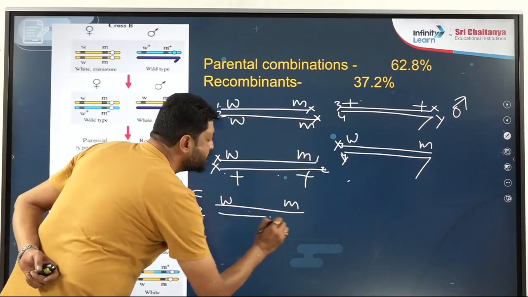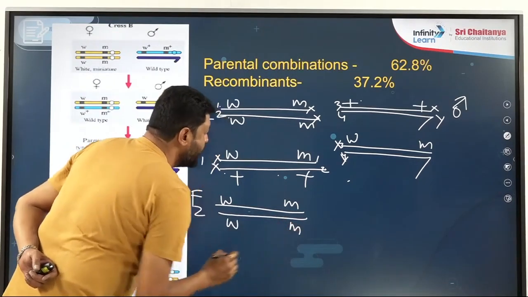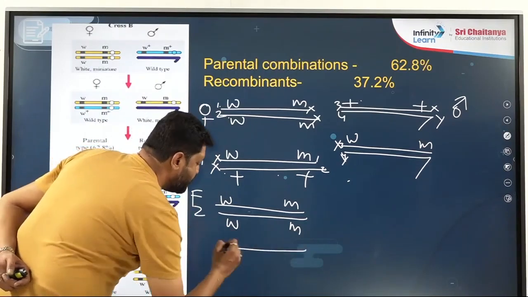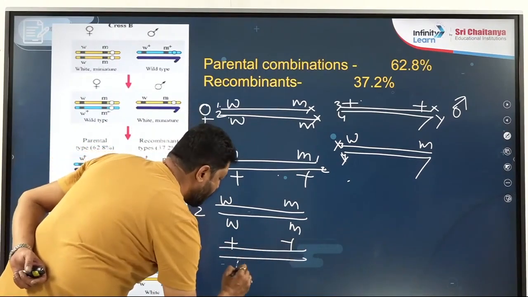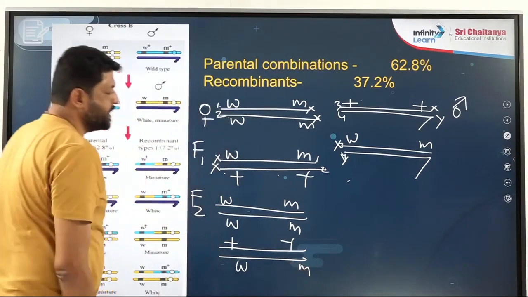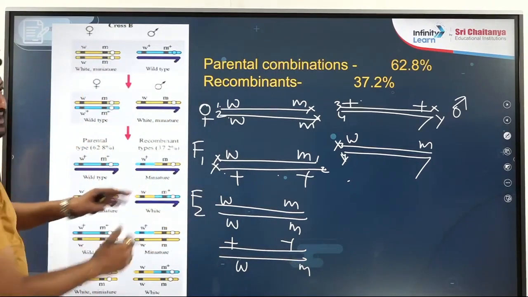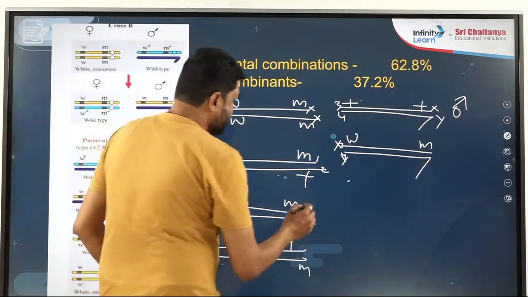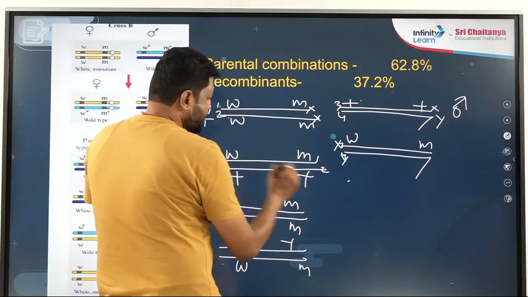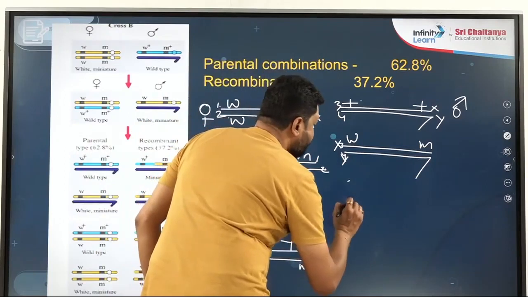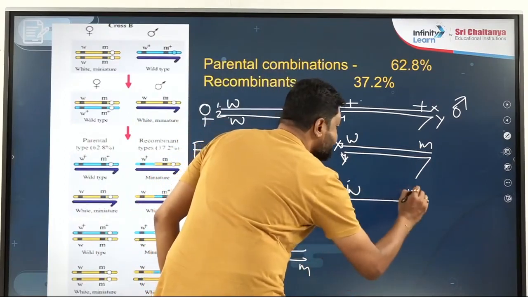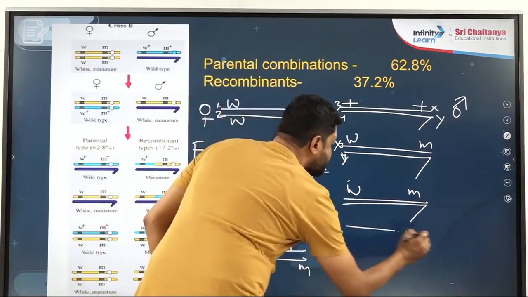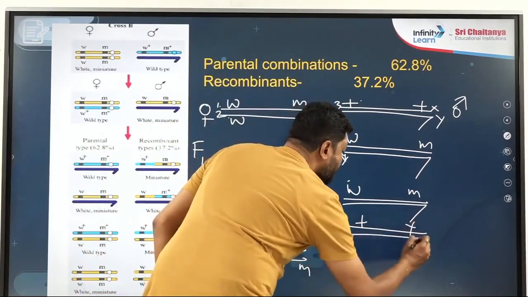And the second one is white miniature, and have this X, 2 and 3: plus, white miniature. So these are females without recombination, without crossing over. Now have the males here. I would like to have 1 and 3, 1 and 4: white miniature, Y. I'd like to have 2 and 4: so plus and Y chromosome.